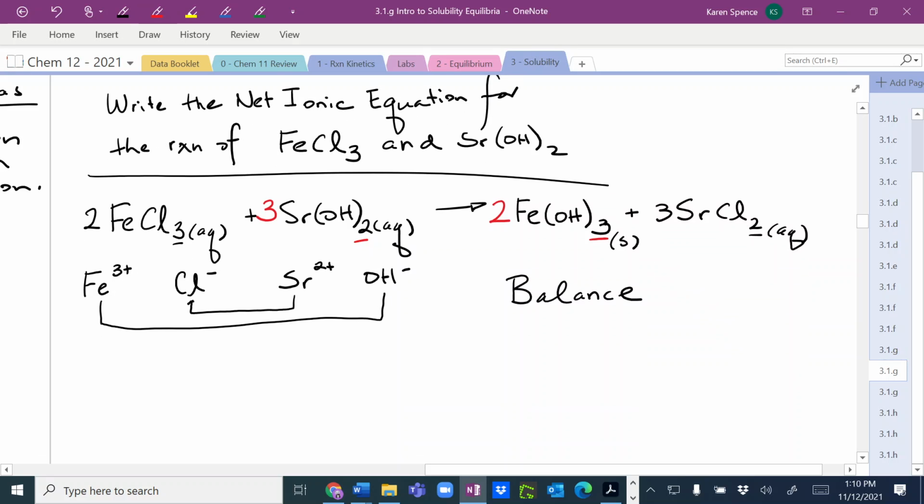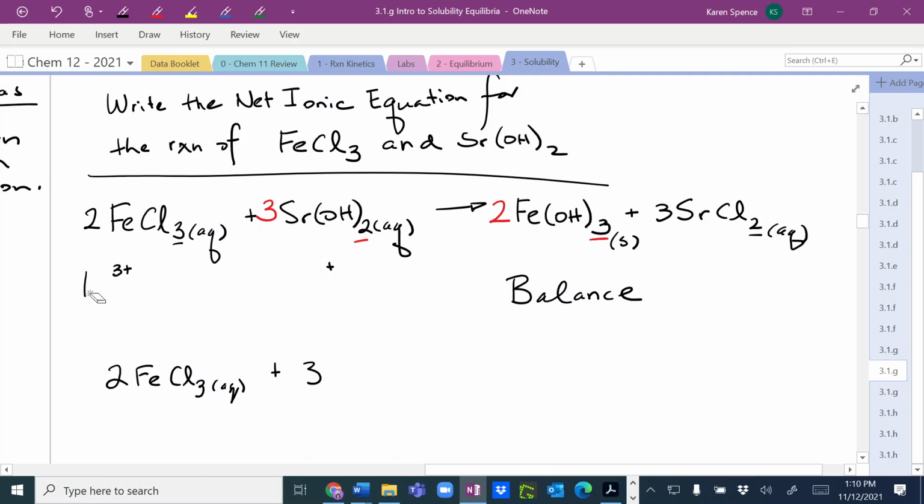When you go to split everything apart, you need to take into consideration both the coefficients and the subscripts. So I'm just going to quickly rewrite this down here, FeCl3, because it's too messy otherwise. Okay, good. That's done. So now I'm going to split things up.